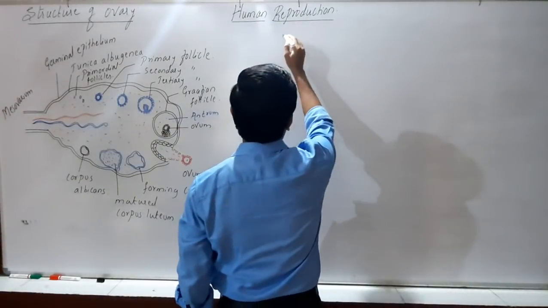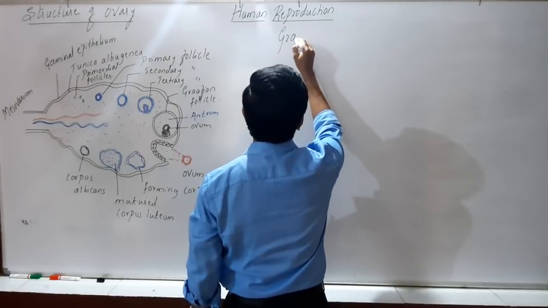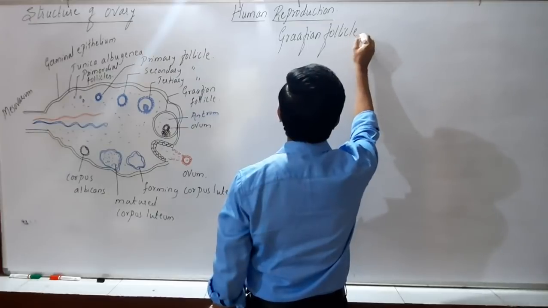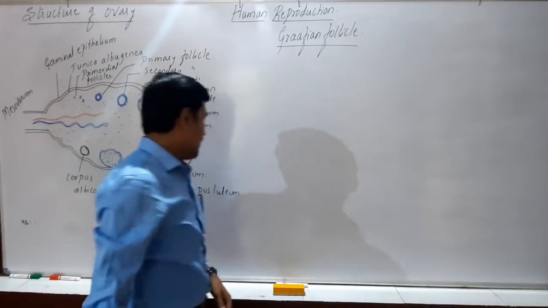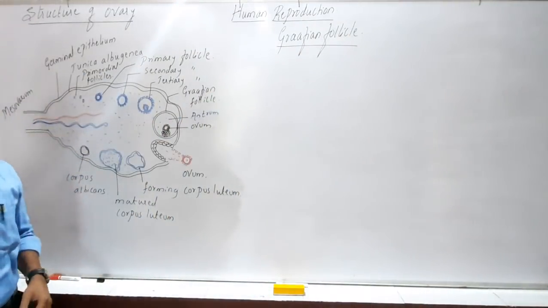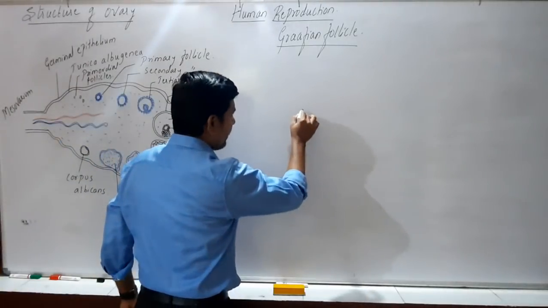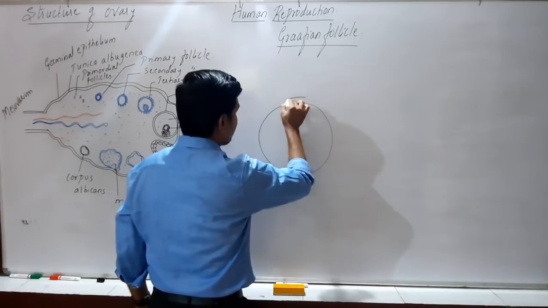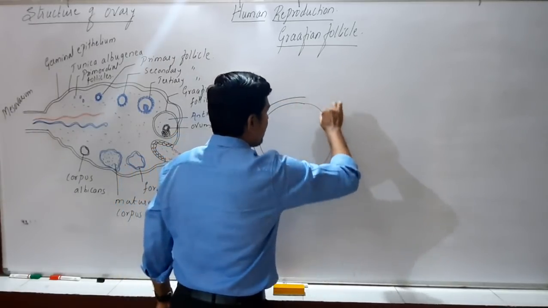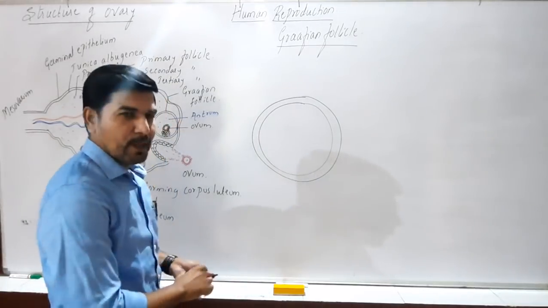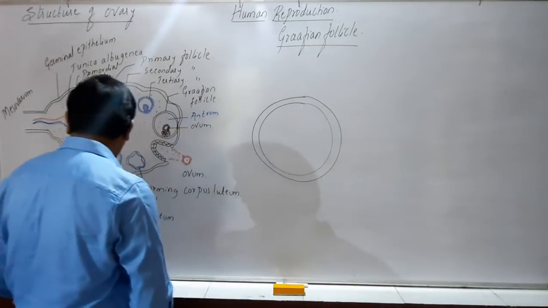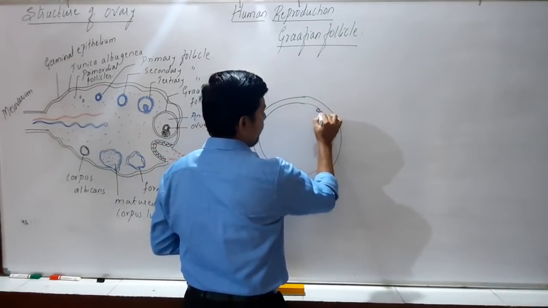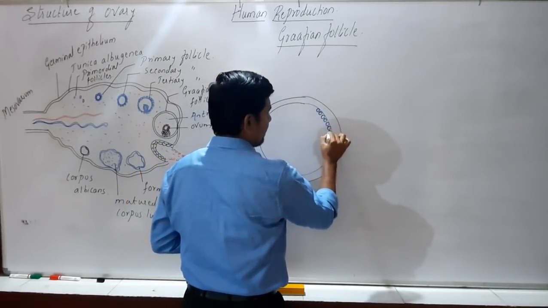So here we come across the structure of a Graafian follicle. Now in the structure of the Graafian follicle, here we observe the outer cells as well as the inner cells, and below this again we have a group of cells.